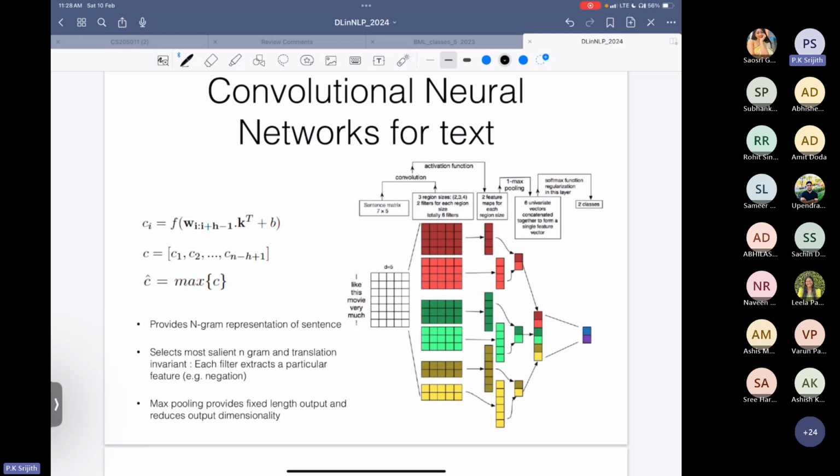Essentially, when people applied CNNs and variants of CNNs, that's what they figured out: the filters are capable of identifying the presence or absence of certain words in the input sentence, which would help us eventually in doing a correct classification of the sentence into its corresponding class.